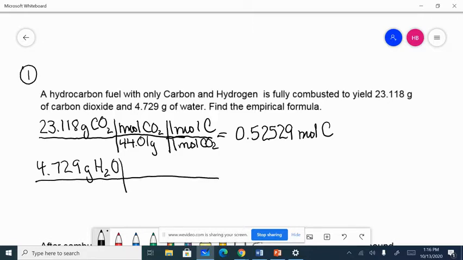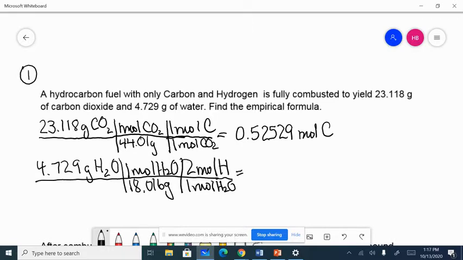I'm going to pull the H out of this one. So 18.016 grams of water in 1 mole of water. And then 1 mole of water has 2 moles of hydrogen.